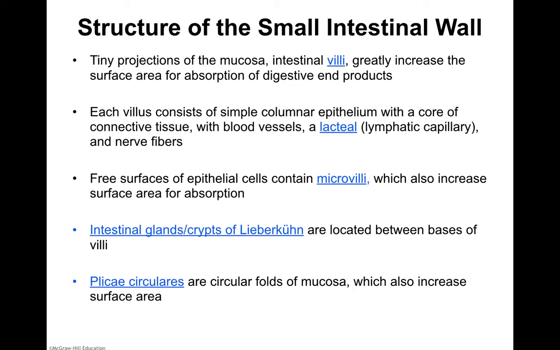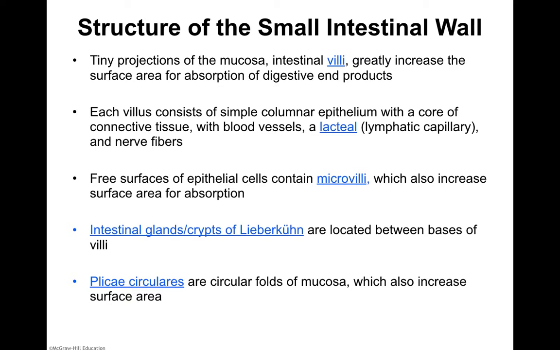The free surfaces of those epithelial cells also contain microvilli, which further increase the surface area available for absorption. There are intestinal glands and crypts located between the villi.